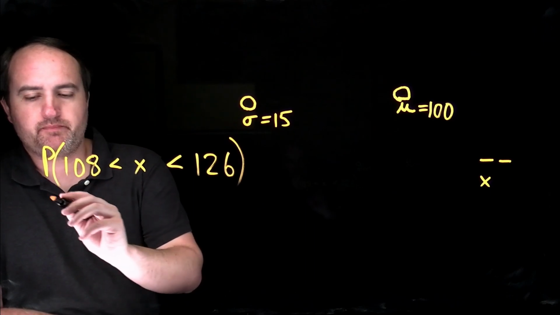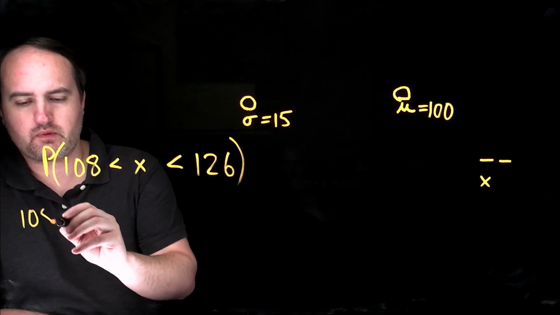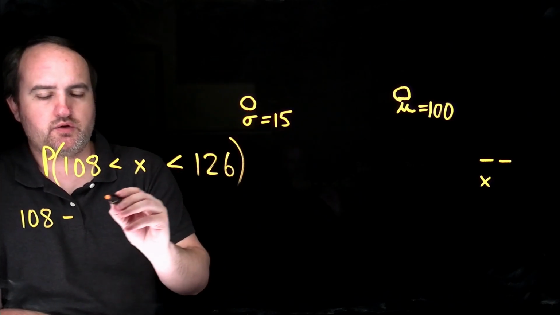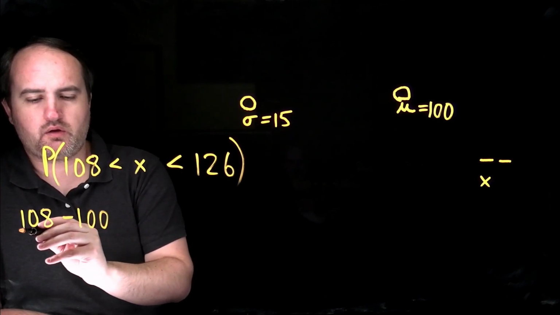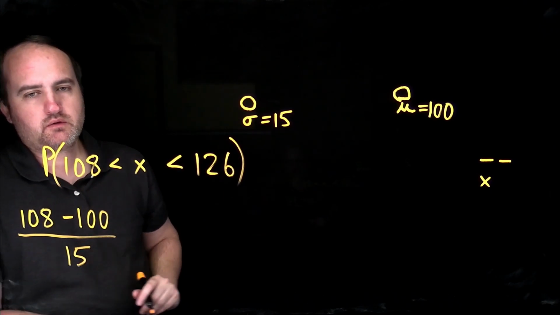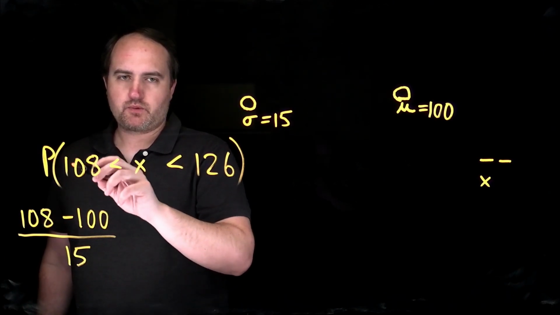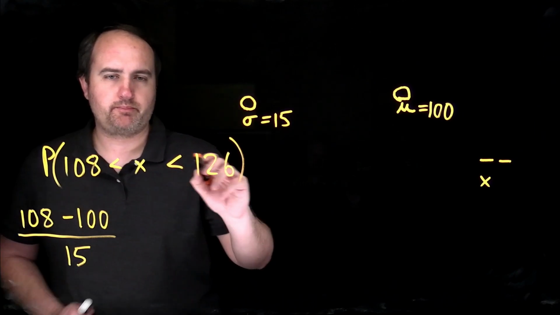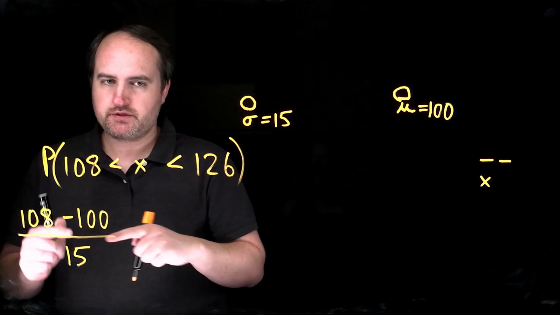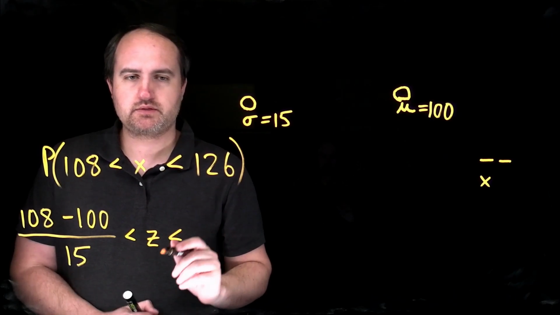For the 108, x is 108, so we're doing 108, that's x, minus mu, which is 100, all over sigma, which we said was 15. That is the z-score formula for this one, and then we can do the same thing for the other one. Once we're using this formula, it's now in terms of z, so this is actually going to be something like this.